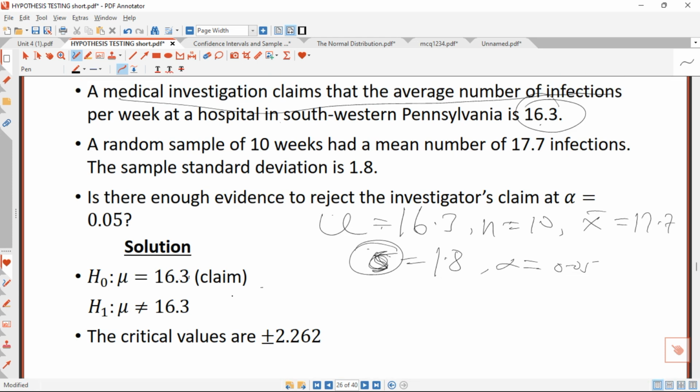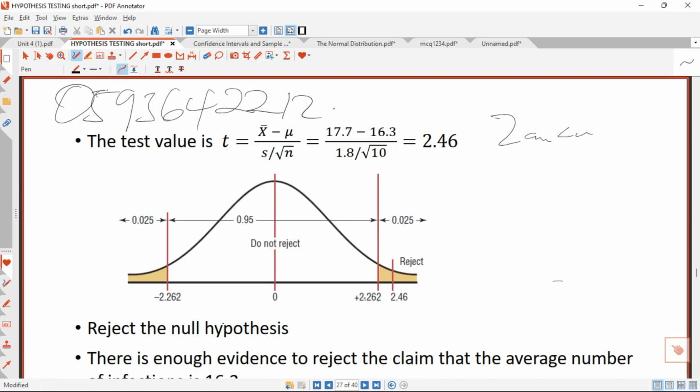And then we have to set our hypothesis. You could see clearly here that this is a two-tailed test. So here we're going to have H naught: mu is equal to 16.3, and then H1 will be mu is not equal to 16.3, at an alpha of 0.05. So we just have our t here.